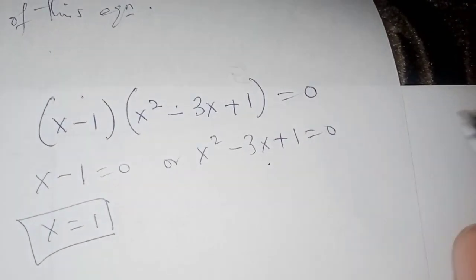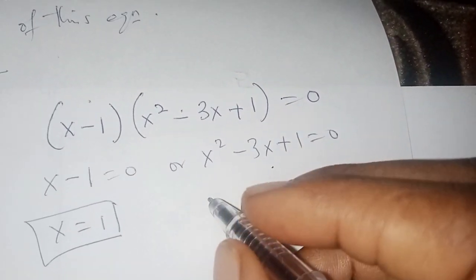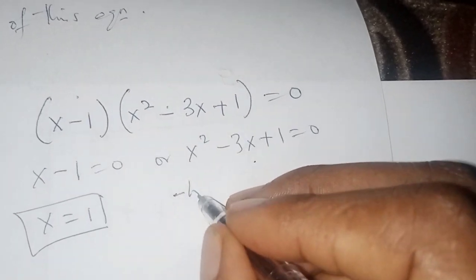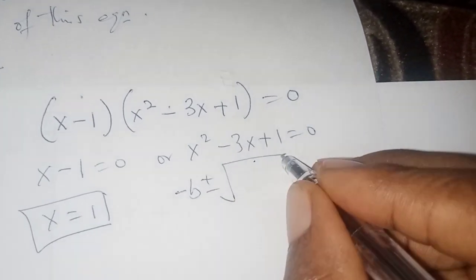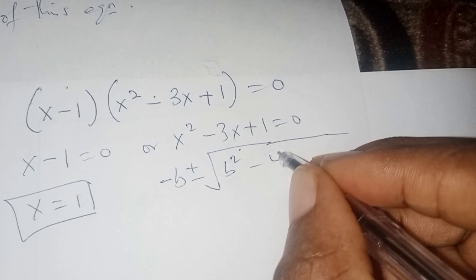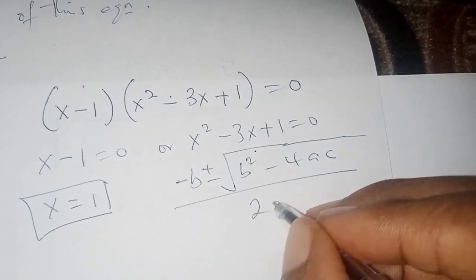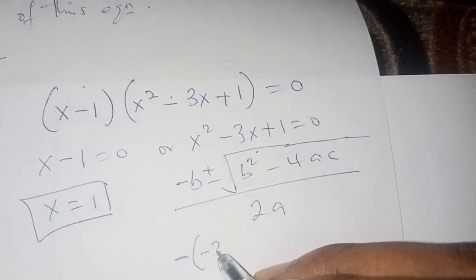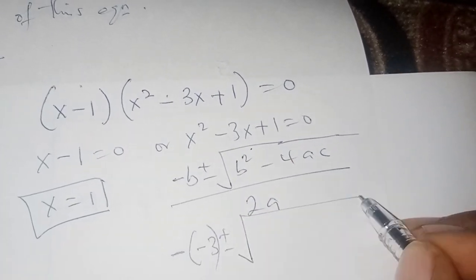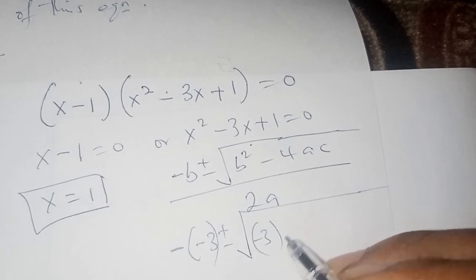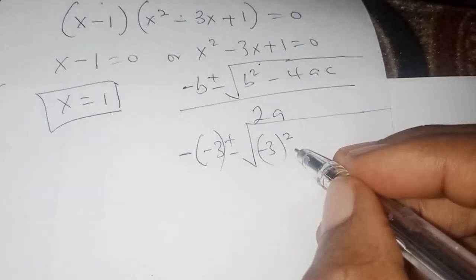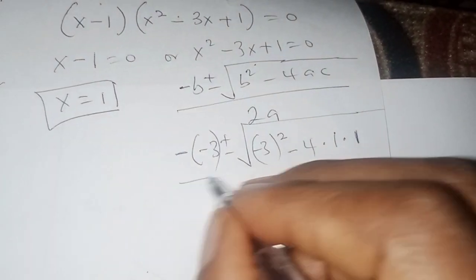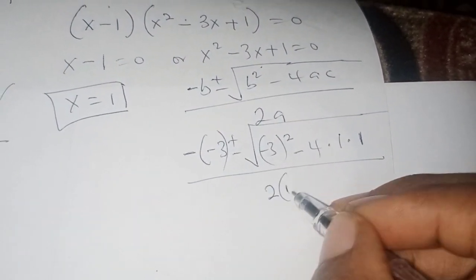All right, so this one, we can use the formula method or completing the square, whichever one we want, but I think we should go with the almighty formula method: negative b plus or minus the square root of b squared minus 4ac, all over 2a. So our b is minus 3, squared, minus 4 times 1 times 1.